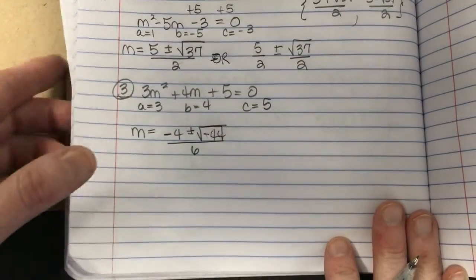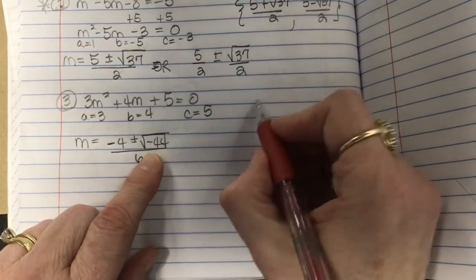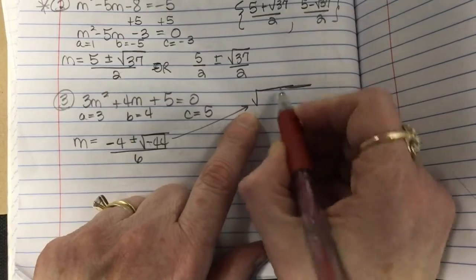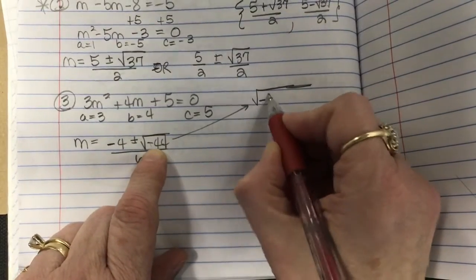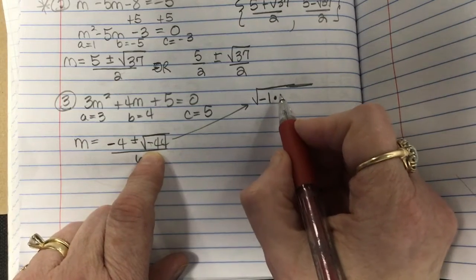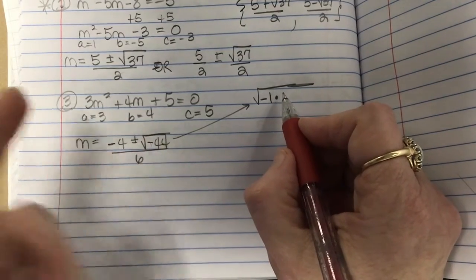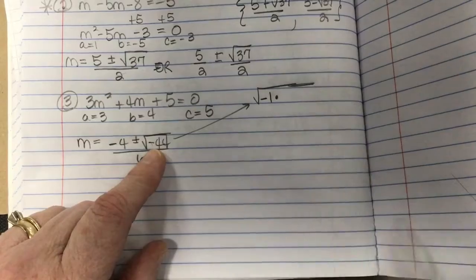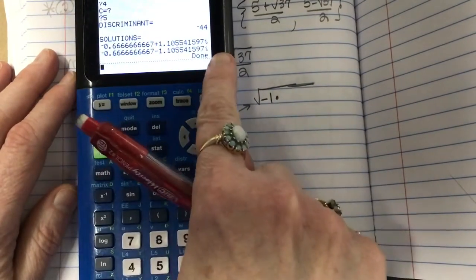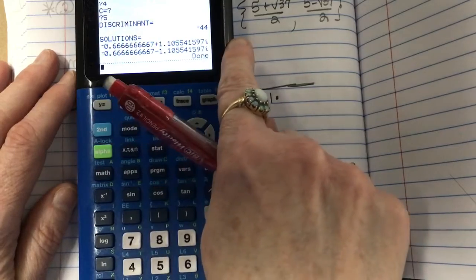The first thing to simplify is we need to talk about that square root of negative 44. So I'm going to do the factor tree, negative 1 times, because what do people forget? They forget the I. You got to remember, it's got an I in it. It shows you on there. And probably on yours, Hunter, your screen doesn't hold as many numbers, and it might have had dots out there at the end.